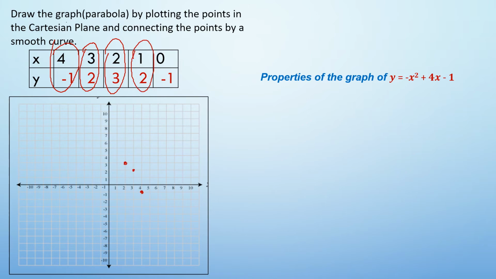And then 1, 2. And for the last point, we have 0, negative 1. So we will connect the points by a smooth curve.